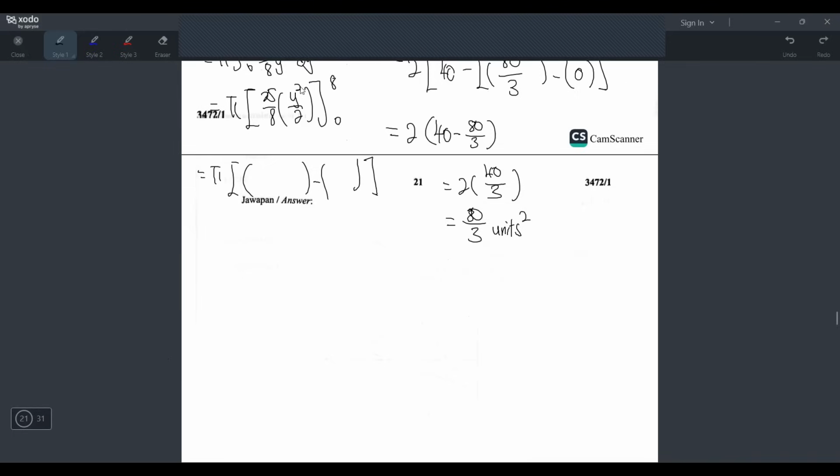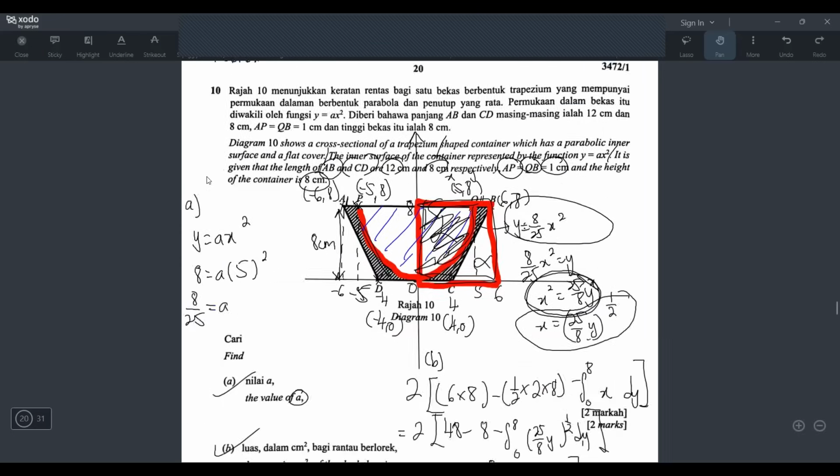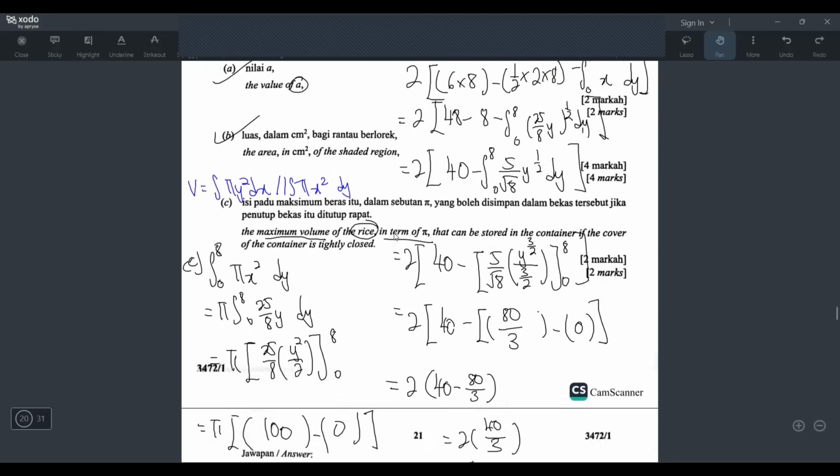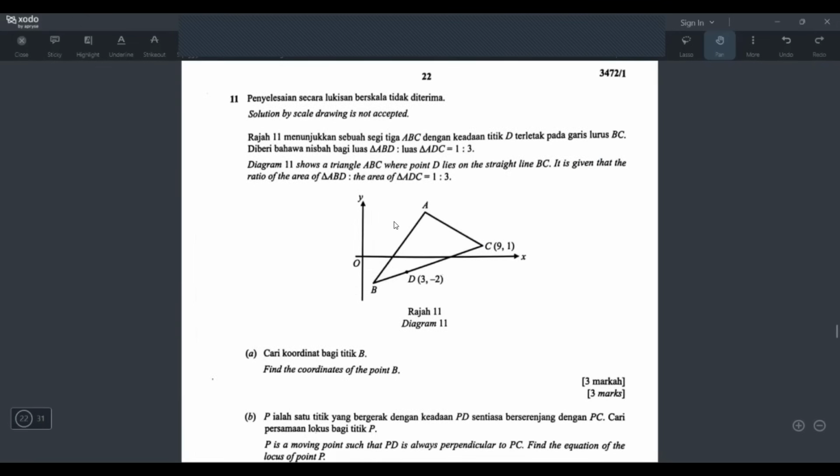When you sub 8, 8 squared is 64, 64 divided by 2 is 32, 32 divided by 8 is 4, 4 times 25 is 100. When you sub 0, you just get 0. So you get 100 pi, and the unit is units cubed because it's volume. So 100 pi is the answer. This is a difficult question, but I hope you understand my explanation. Okay, let's continue.